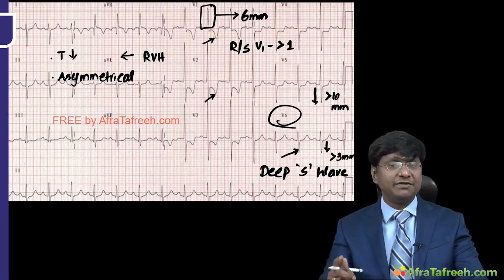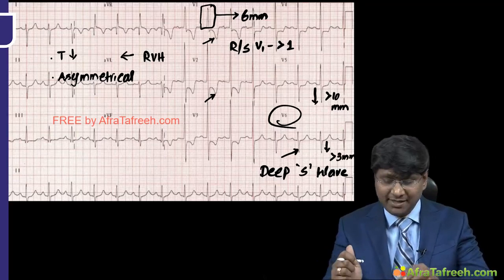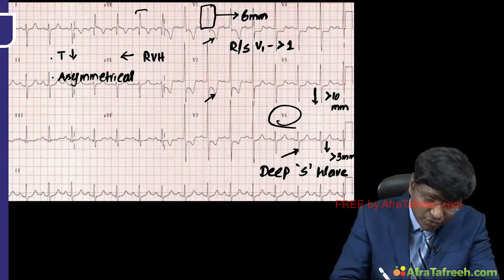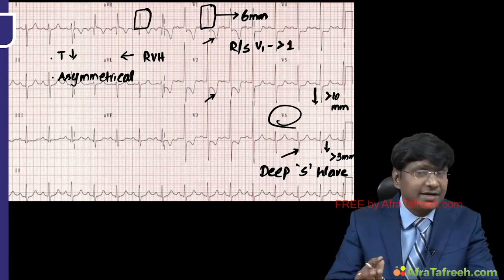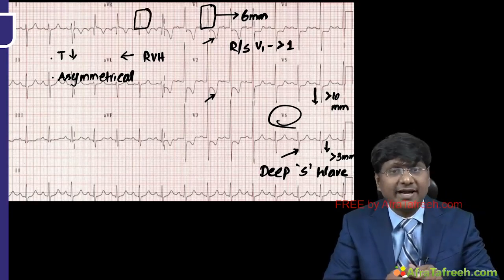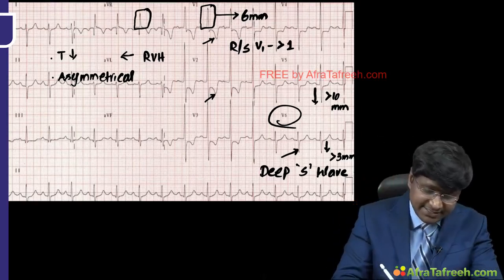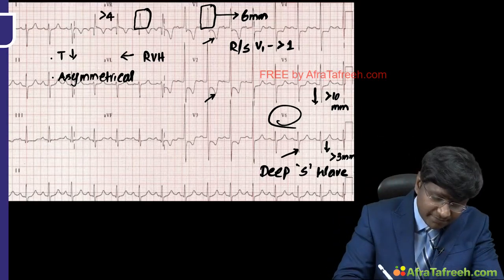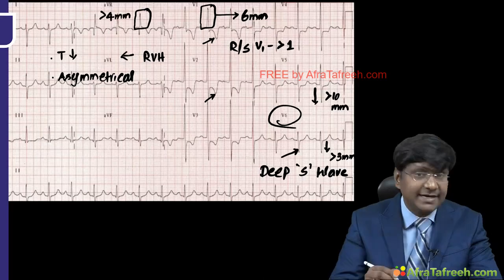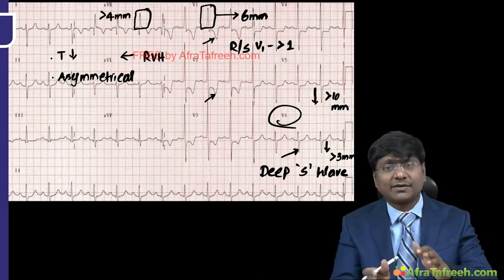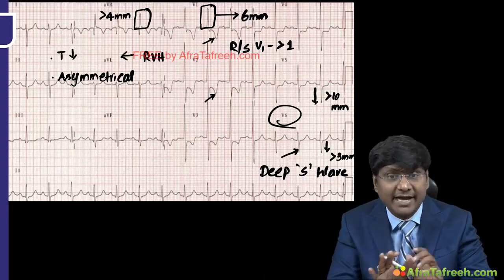Okay. And in AVR also, you will have the dominant R wave in case of right ventricular hypertrophy. And how much will be the dominant R wave in AVR? That should be more than 4 mm.